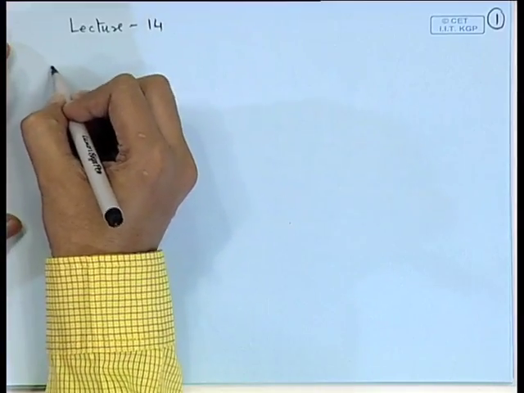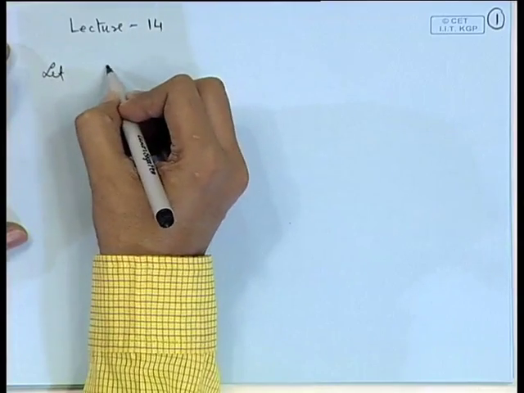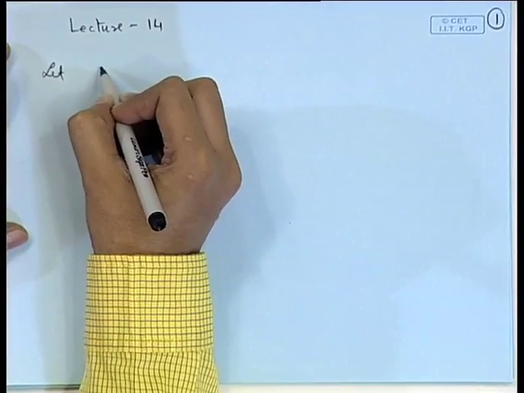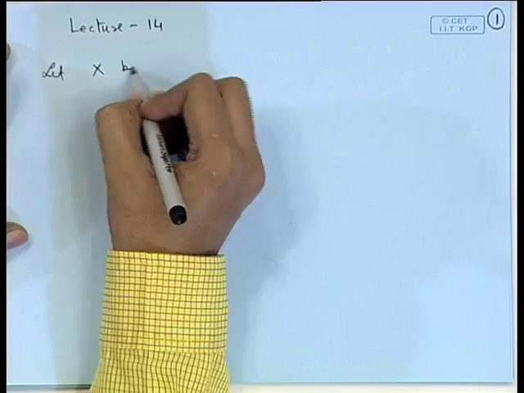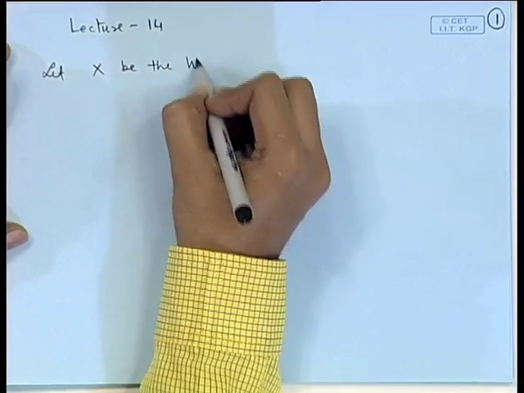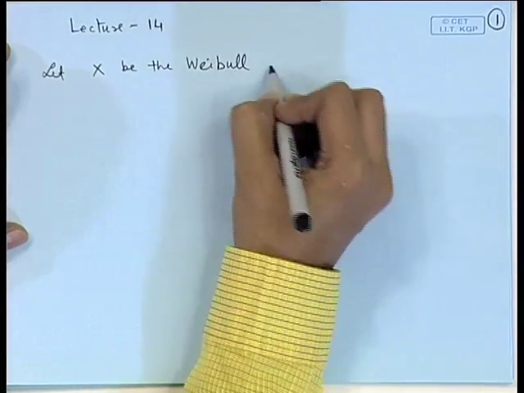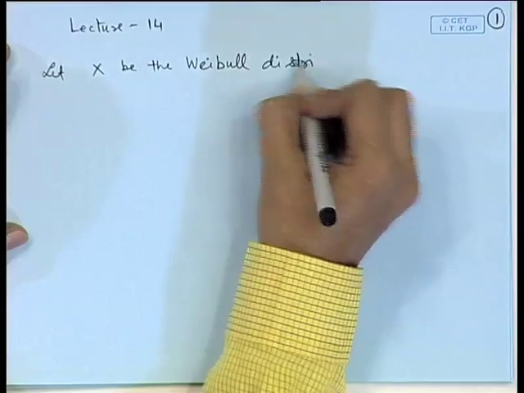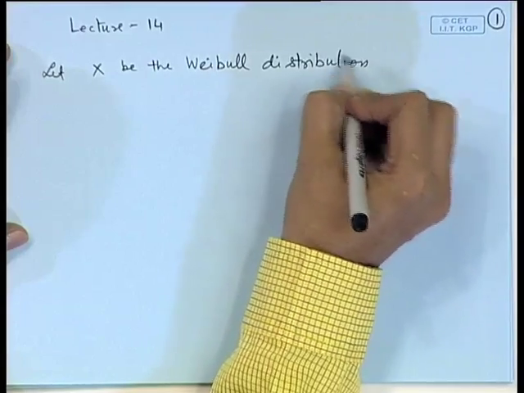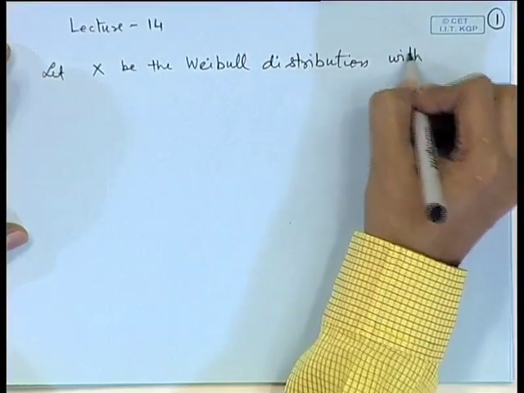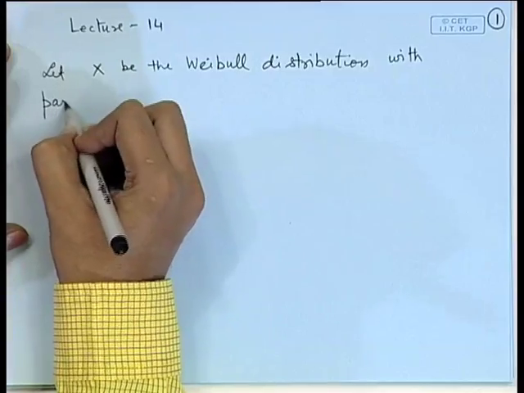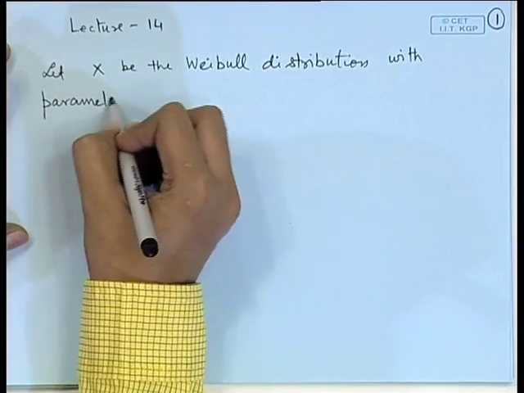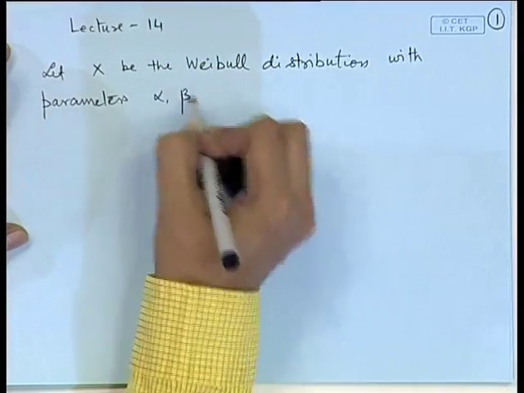So, here let us consider, say, X to be the Weibull distribution with parameters alpha and beta.